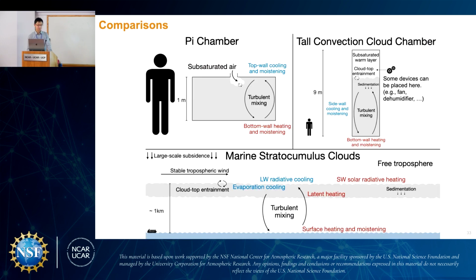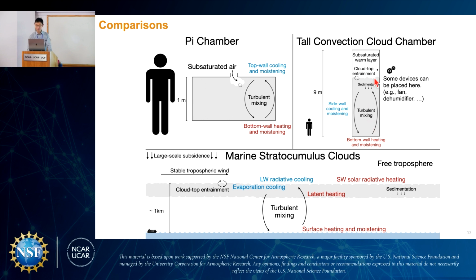So here is the comparison among different scales of entrainment experiments. In the pi chamber, we pump dry air into the chamber, and we examine the droplet size distribution following the air parcel. In the tall convection chamber, we can examine how the inhomogeneous mixing varies with height.